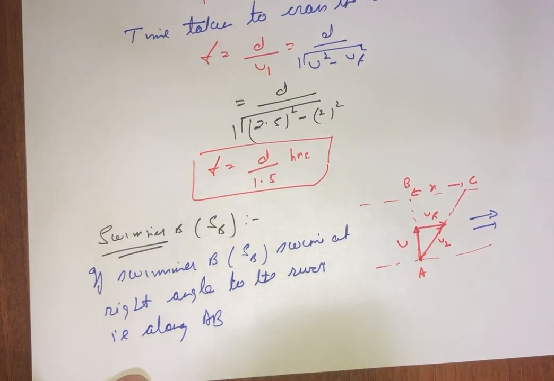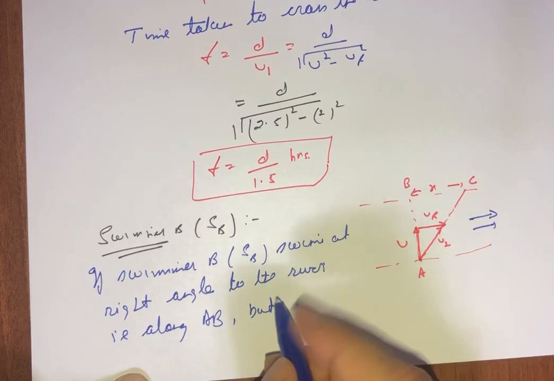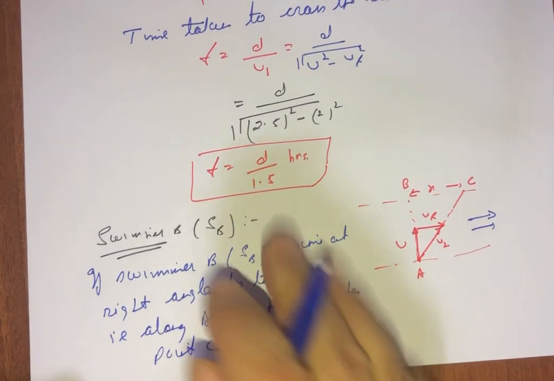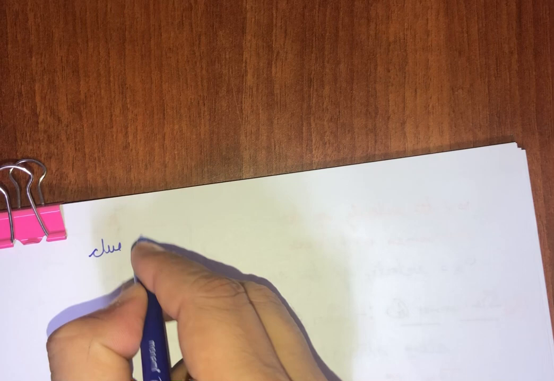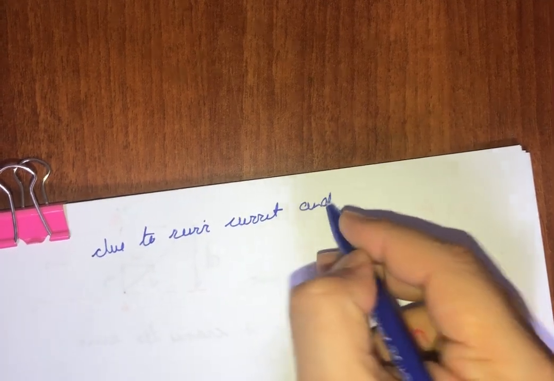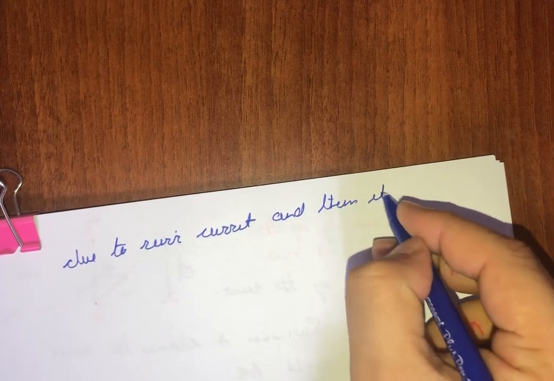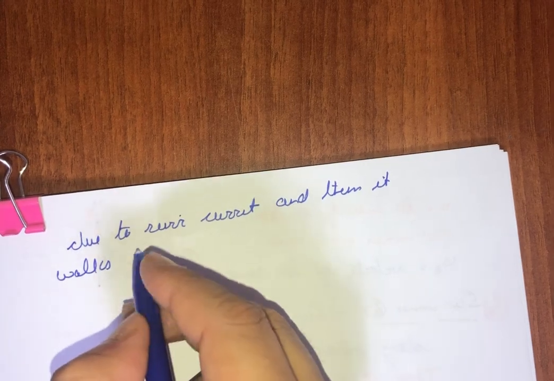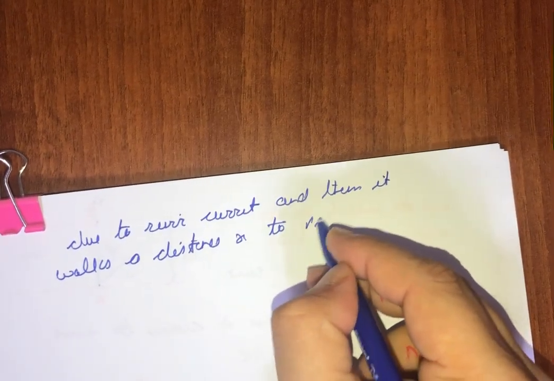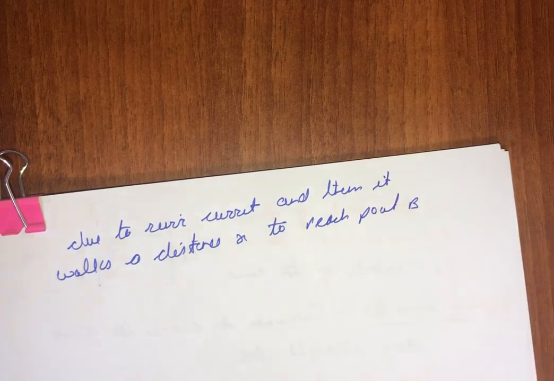Okay, but due to the flow of the river, it reaches point C due to the river current, and then it walks a distance x to reach point B.